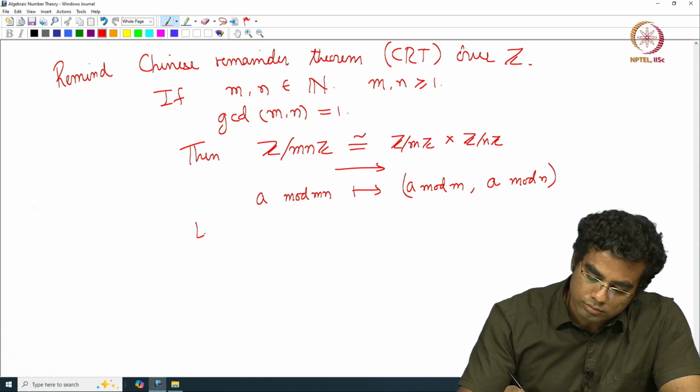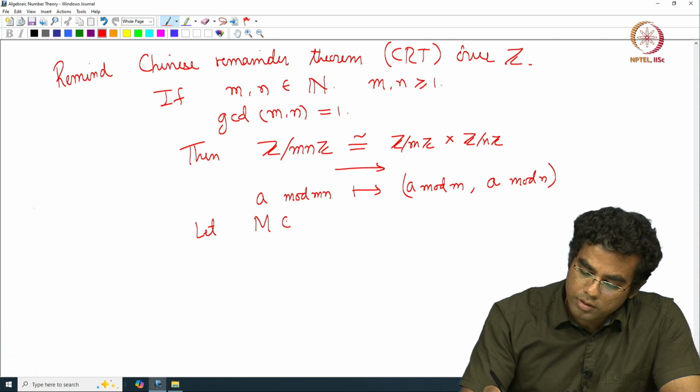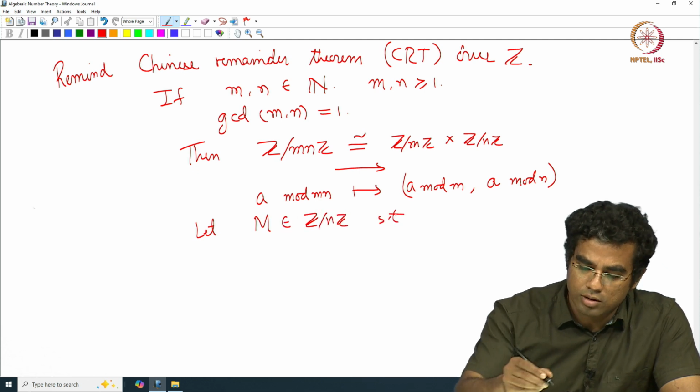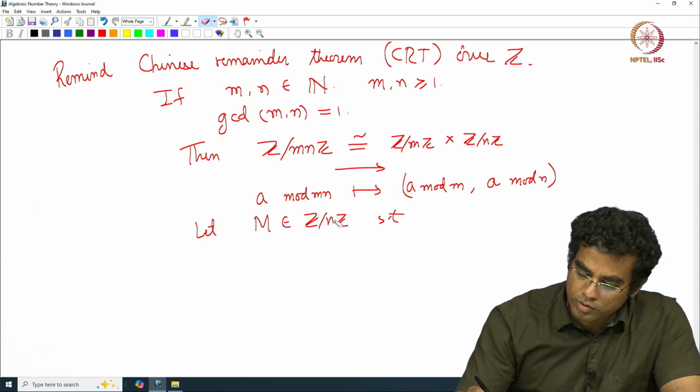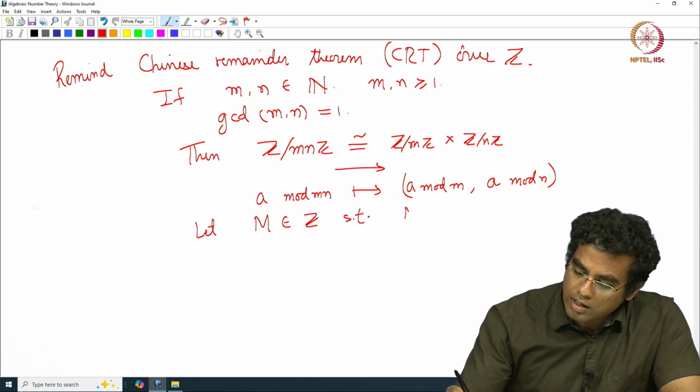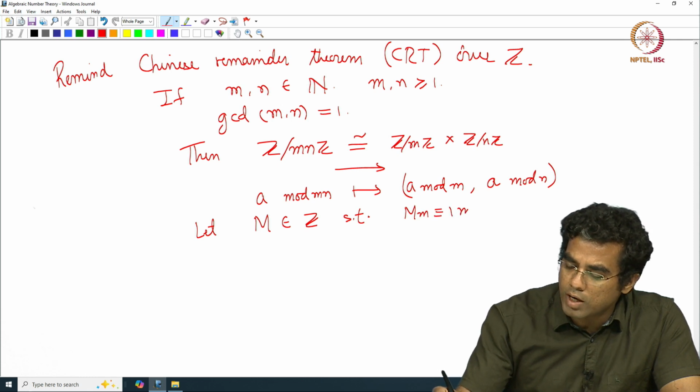So, let m' be in Z mod NZ such that, or let me just write it in the usual manner. So, m' be in Z such that m m' is congruent to 1 mod n.